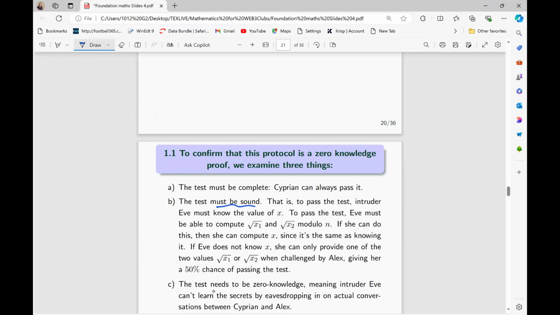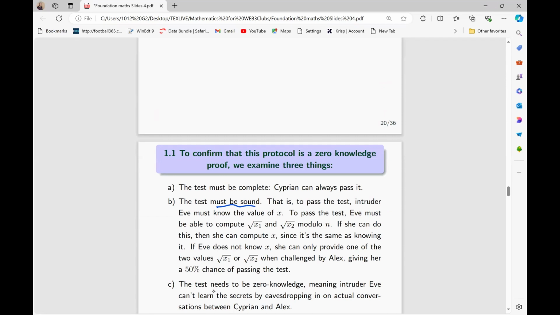When you say that a test is sound, it means that if there's an intruder coming in to pretend to possess the same knowledge, the same information, this intruder should not be able to completely convince the verifier.